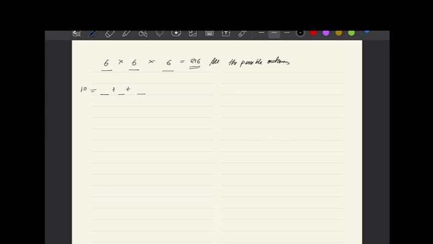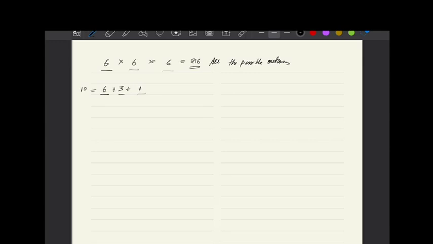So how can you get a sum of 10? Let's look at the possibilities. You can have a 6, a 3 and a 1, which would give us a sum of 10. So this is one possibility.